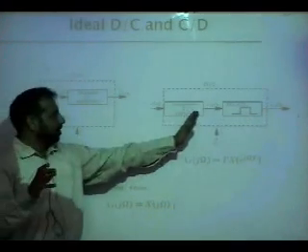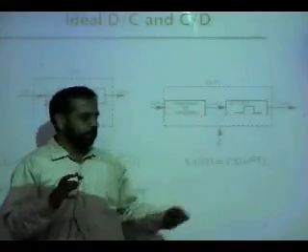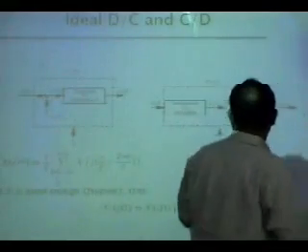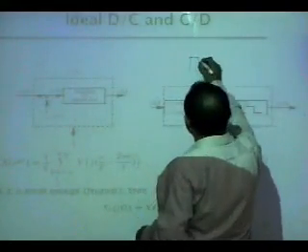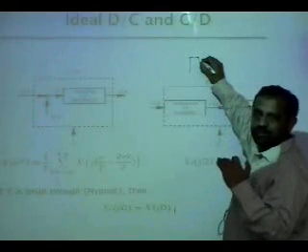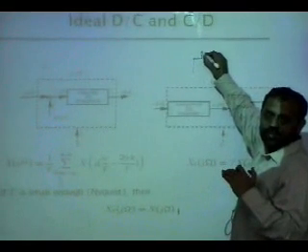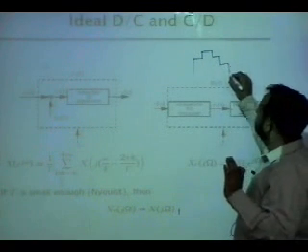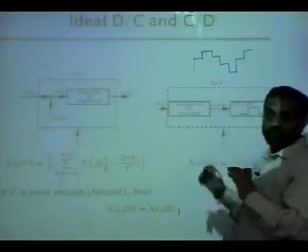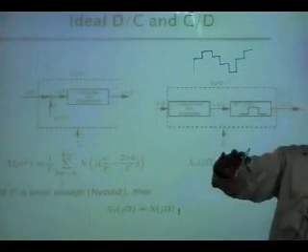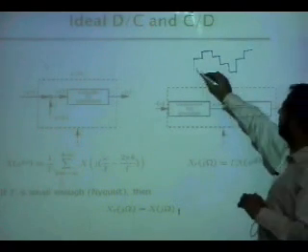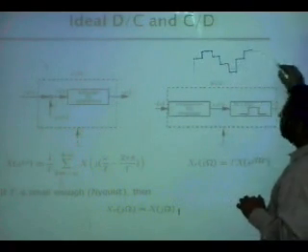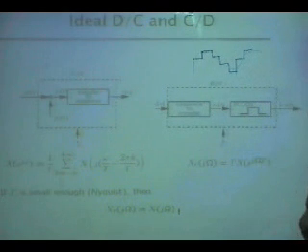The sample and hold will maintain the voltage level at the same value. Then you take the next sample, and again it maintains the value. So this is what a sample and hold does. And then you pass it through a smoother, which will smooth this out and recreate the signal for you.